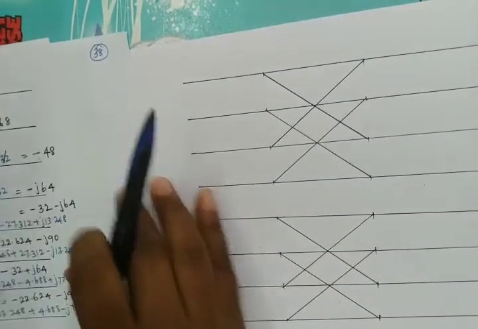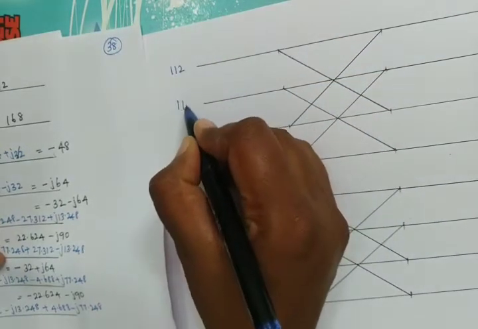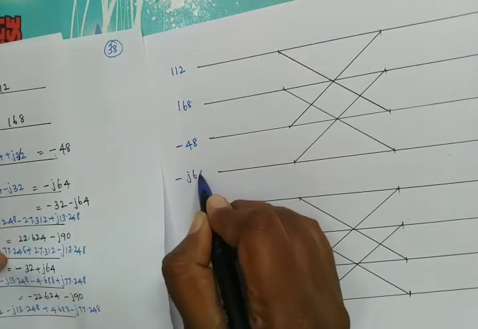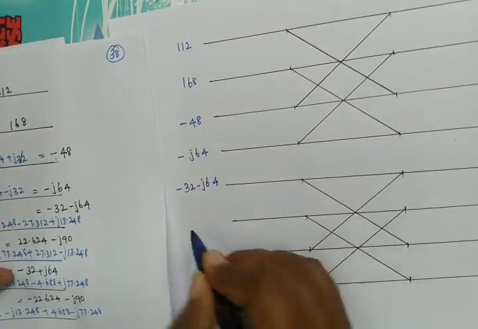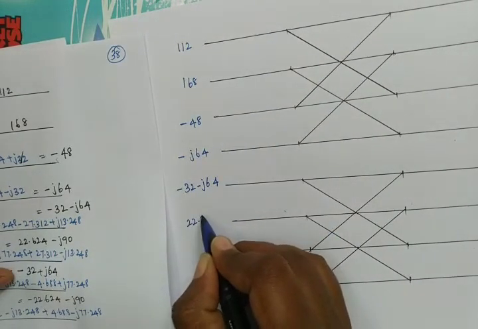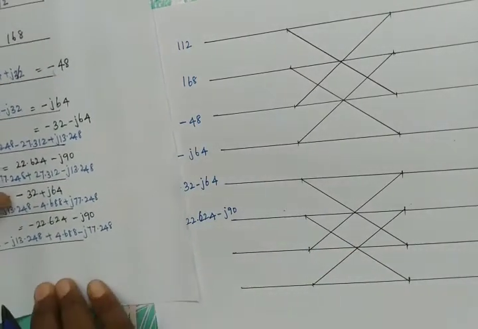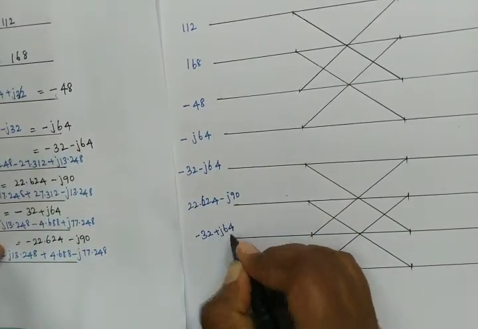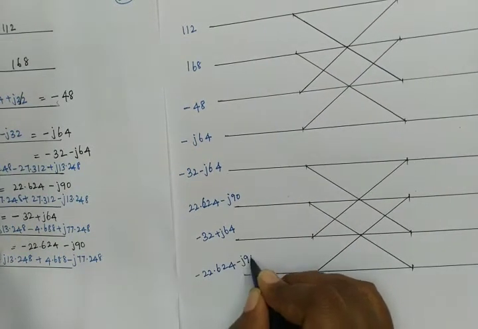Here it is 112, 168 minus 48 minus j 64 minus 32 minus j 64, 22.624 minus j 90. Then the next one is minus 32 plus j 64, minus 22.624 minus j 90.